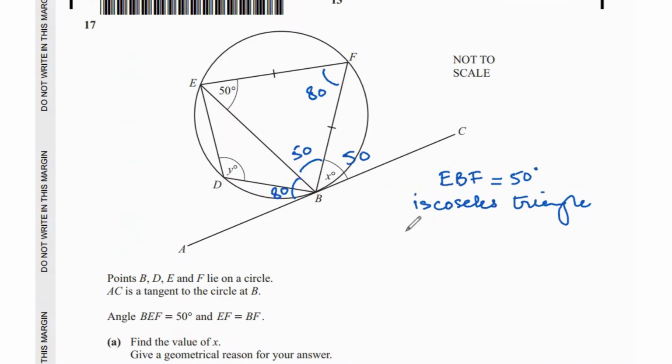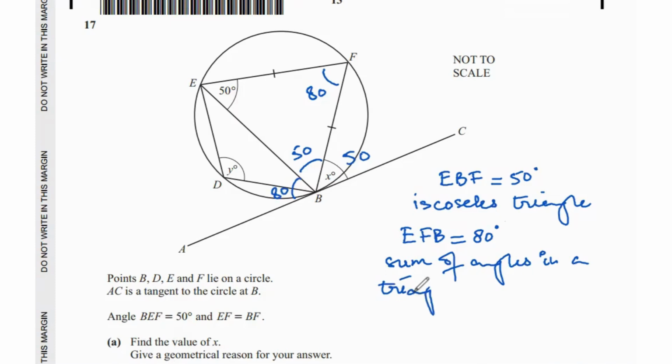Then EFB is 80 degrees, sum of angles in a triangle equals 180 degrees.